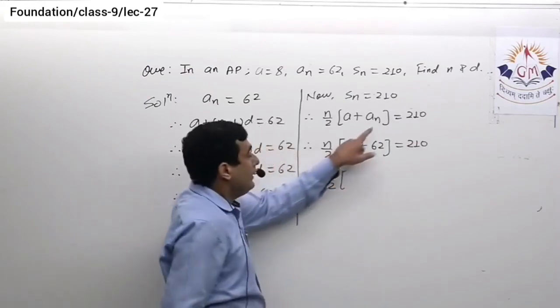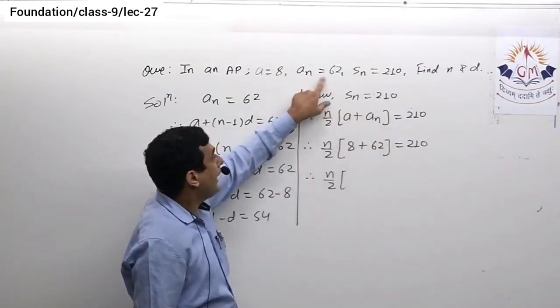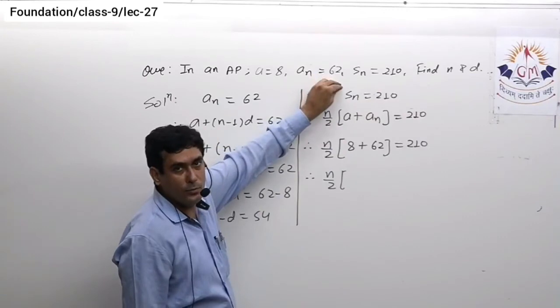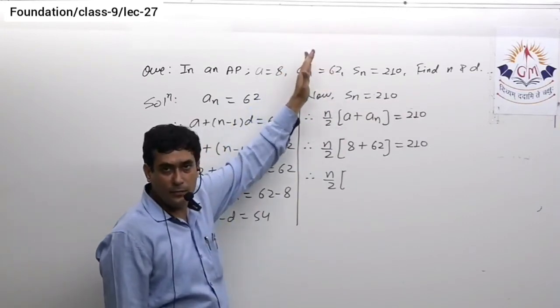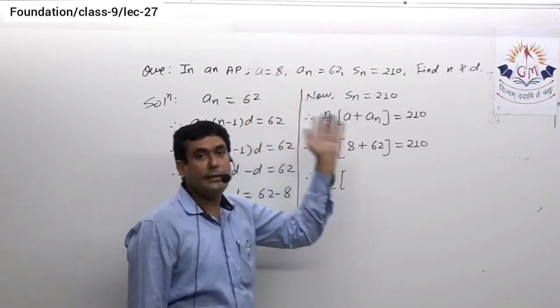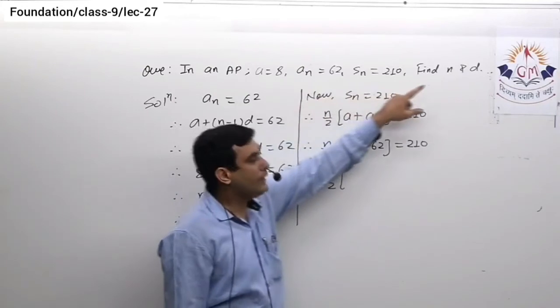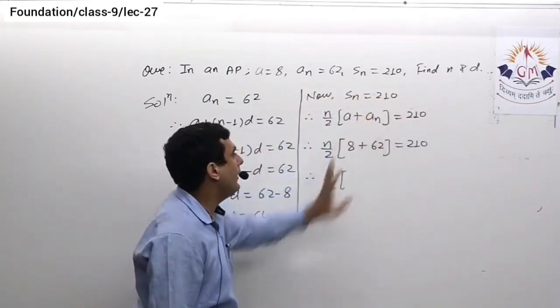See, if I write l or an doesn't matter because nth term is the last term and we are talking about n terms only. So if we are talking about 3 terms, then third term will be the last term. If we are talking about 19 terms, then 19th term will be the last term. Here we are talking about n terms, so nth term will be the last term. So I can replace l by an.